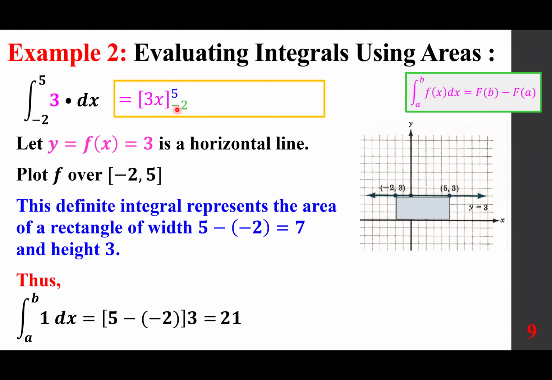So you plug in 5 and then -2, you can take the 3 out. 5 minus -2 equals 21. That's how we evaluated F of b minus F of a. As you can see, they are identical. So what's the difference? Well, not much of a difference here. But if we can't use a geometric shape, then we better stick with FTC.